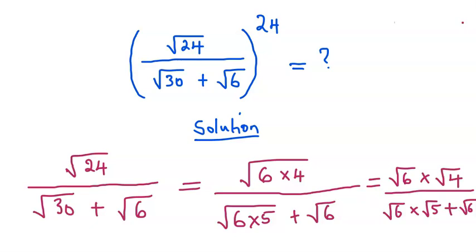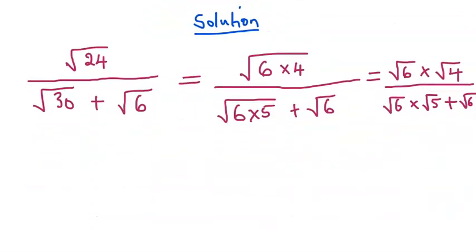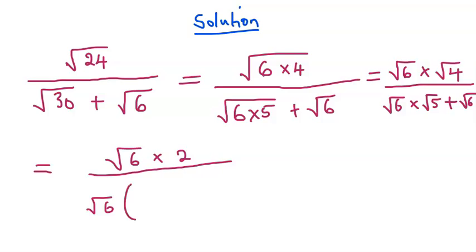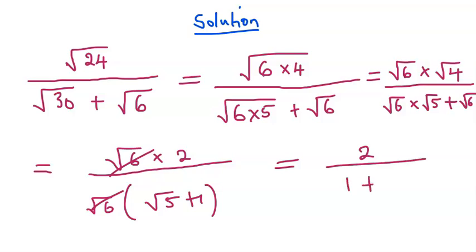Okay, so up there we have the square root of 6 multiplied by the square root of 4, which is 2, right? Then divided by, down here we can factor out the square root of 6, which is common, and we'll be left with the square root of 5 plus 1. So this cancels this, and here we have 2 divided by 1 plus the square root of 5, right?